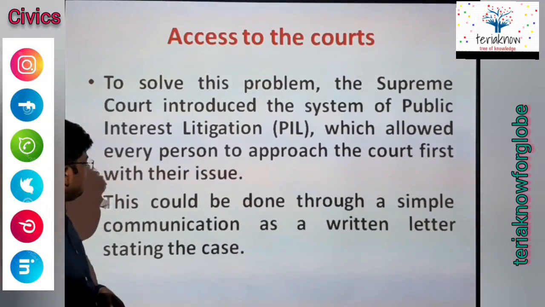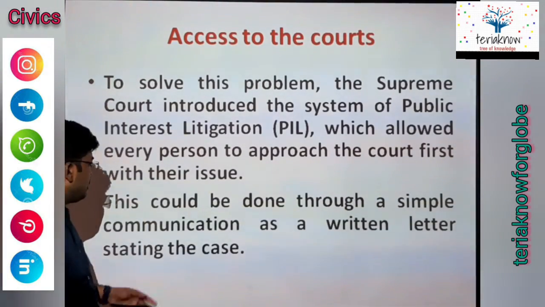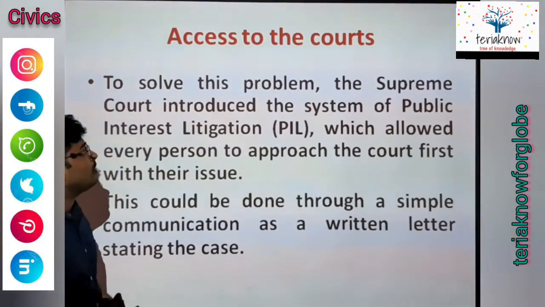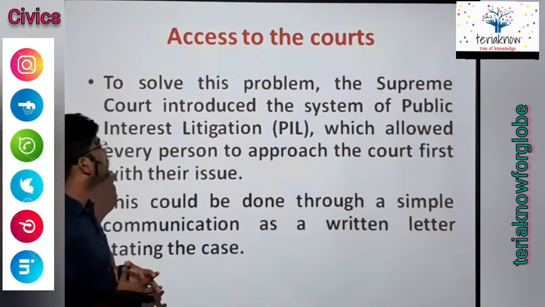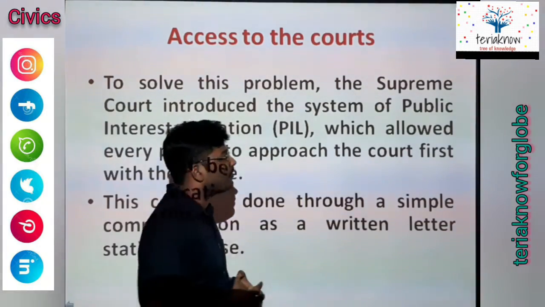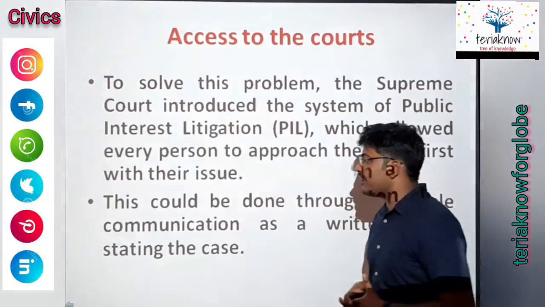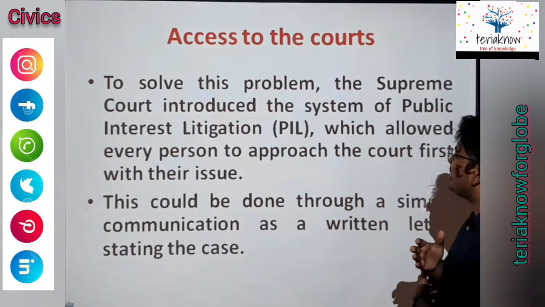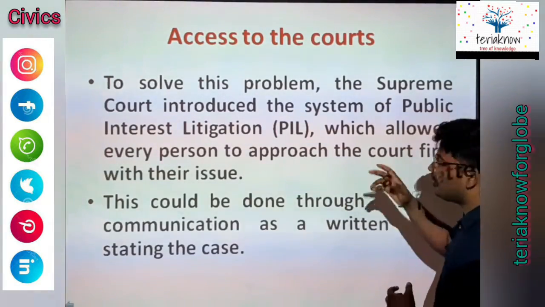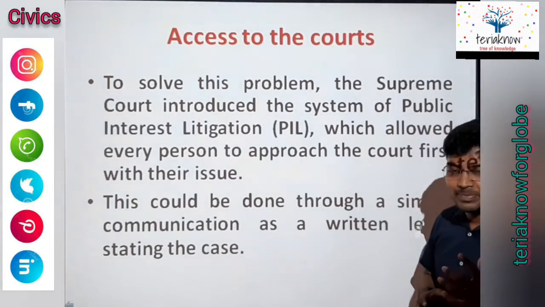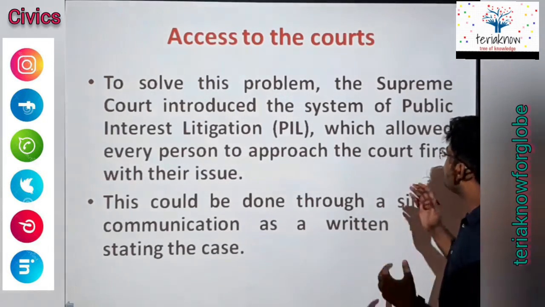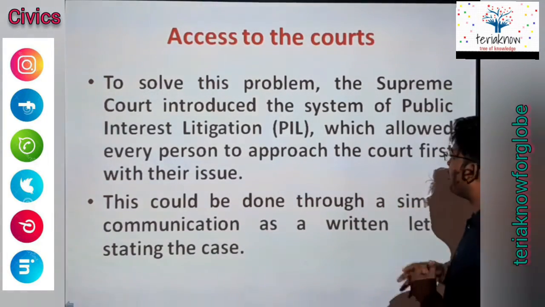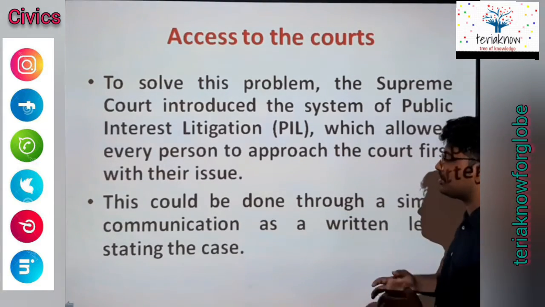Now, to solve this problem, the Supreme Court introduced the system of public interest litigation, that is PIL. We will discuss later what exactly PIL means. It allowed every person to approach the court first with their issues.